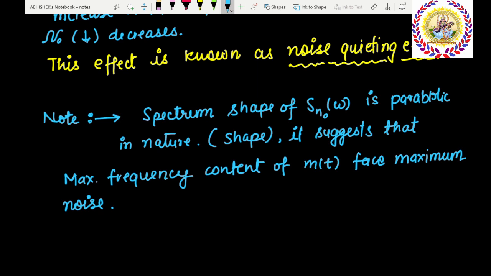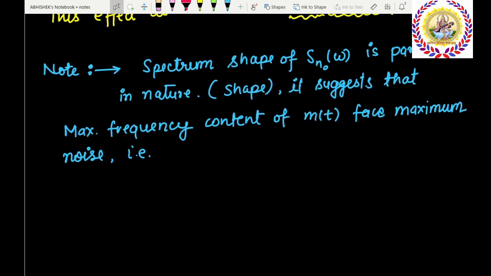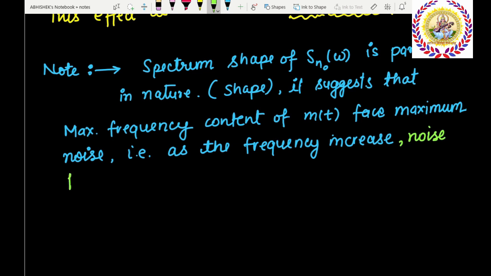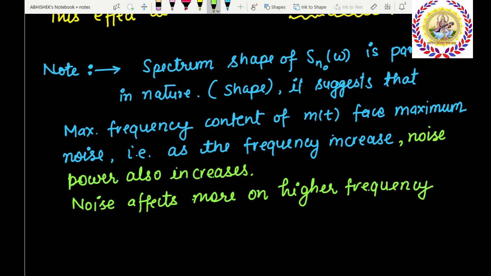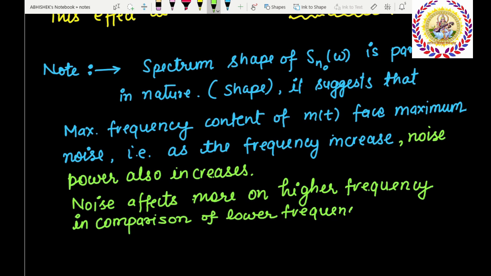That means as the frequency increases, the noise power also increases. Noise affects higher frequencies more in comparison to lower frequencies. That means higher frequencies of the message face maximum noise content in comparison to lower frequencies.